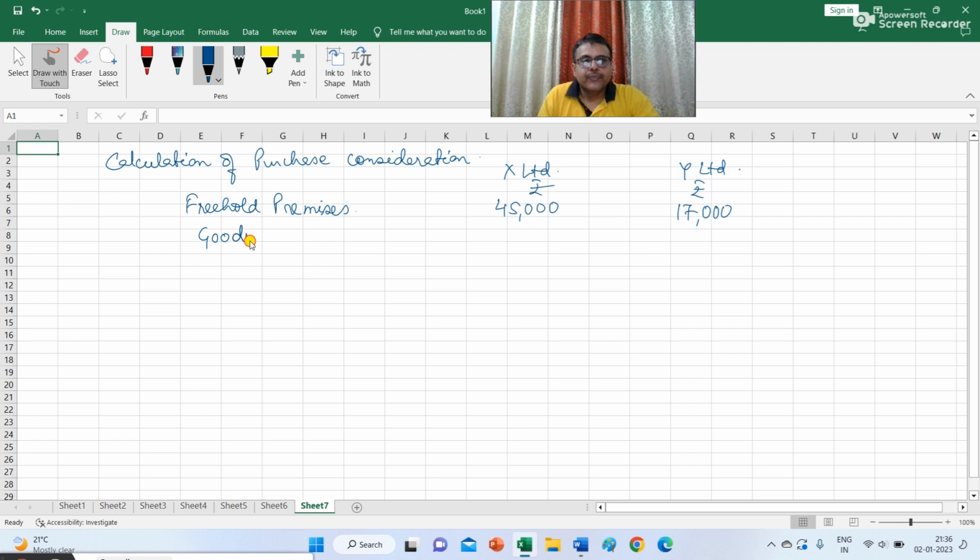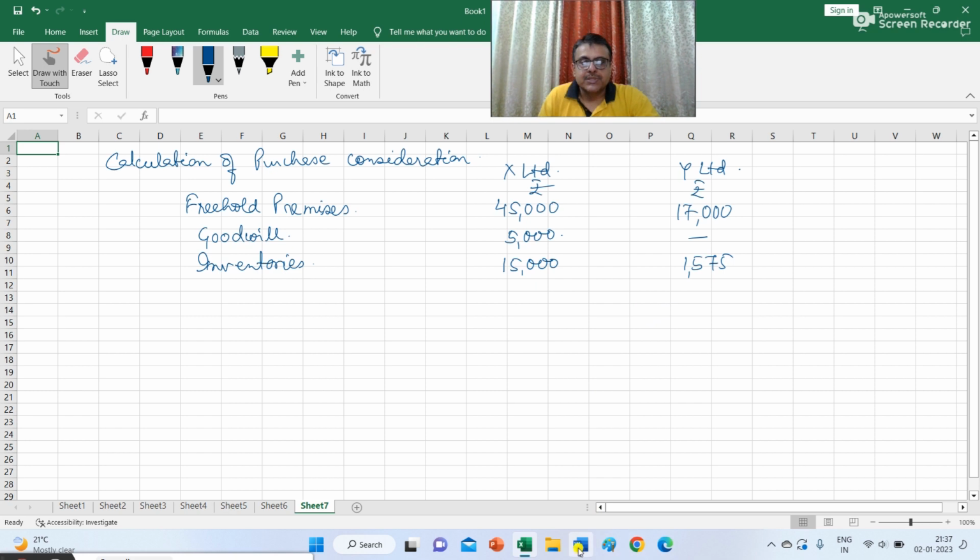Next, the goodwill. The book value was nil in case of X Limited, but it has been revalued at 5,000, and the book value of Y Limited was 3,000, but it has been considered valueless at the time of amalgamation. Next is the inventories. Inventory of X Limited was taken at book value, and there was a revaluation in case of Y Limited, and I am writing here 1,575.